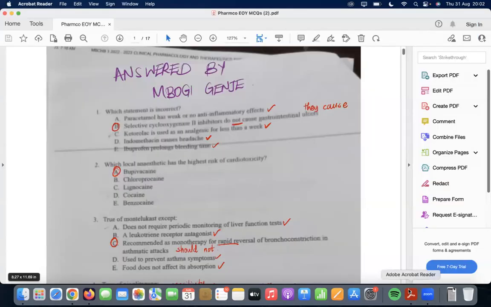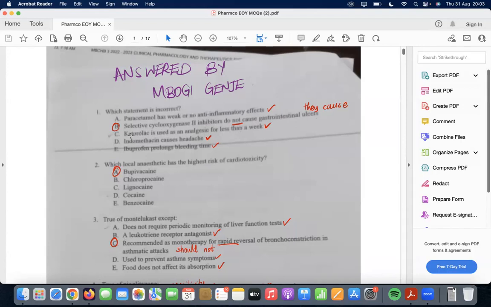So here in choice B, selective cyclooxygenase inhibitors do not cause gastrointestinal ulcers. That's very false, because if the COX enzymes are inhibited, there'll be GIT bleeding and ulcers as a result, because there's no protective mechanism in the stomach. So choice C: ketorolac is used as an analgesic for less than a week.